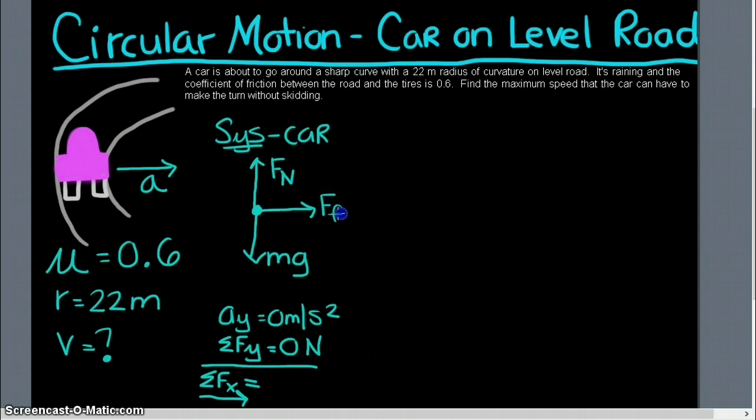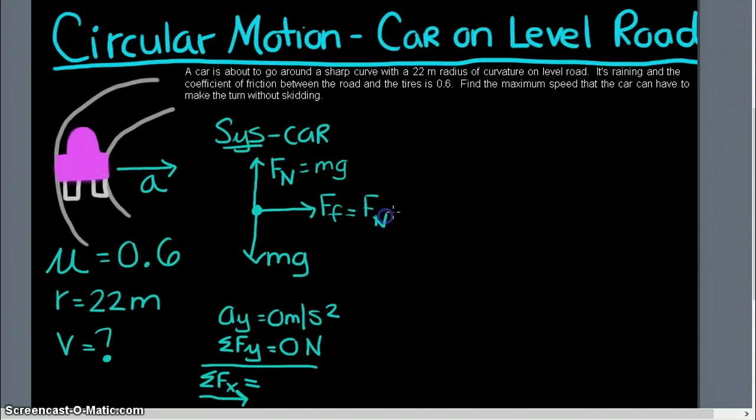So here is our force of friction. And if this is mg here, then the normal force is equal to mg in the opposite direction.